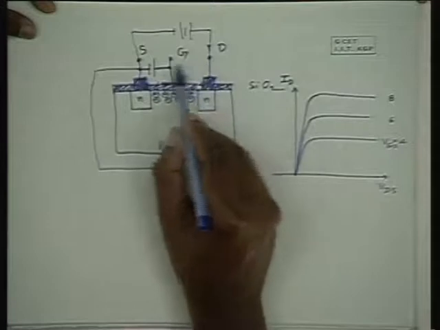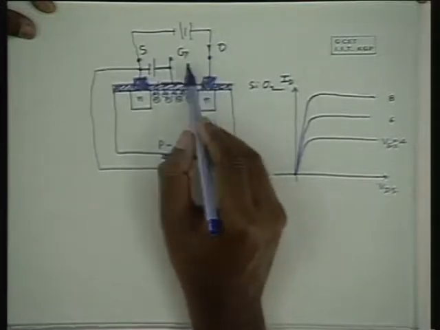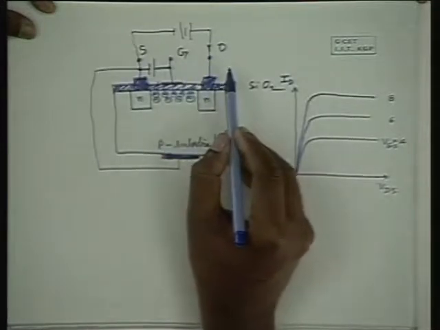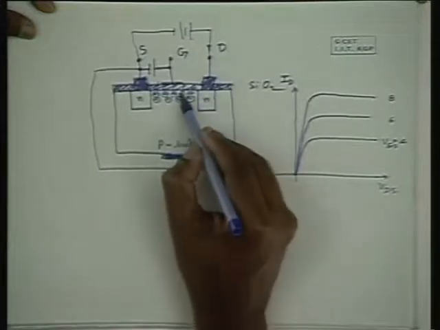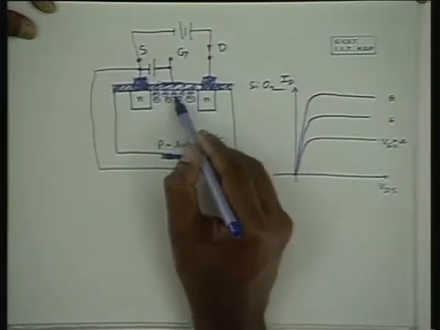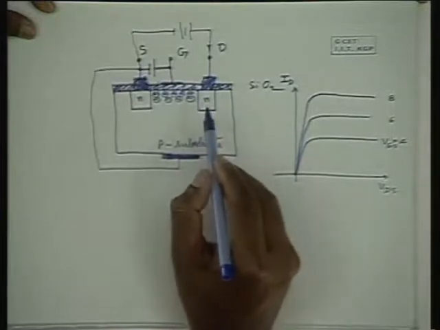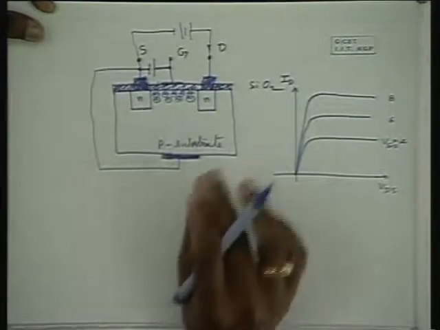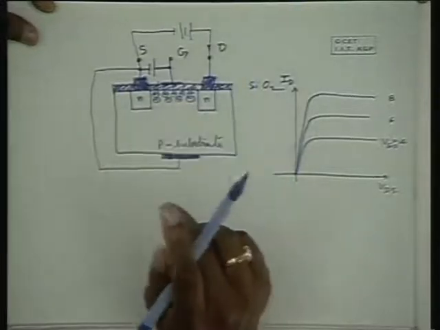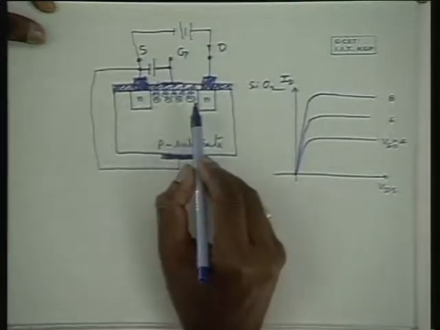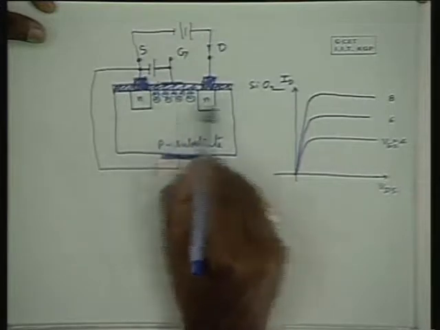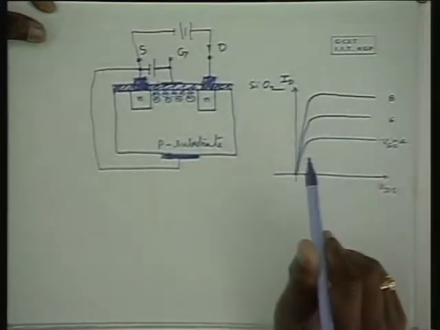So the gate becomes negatively biased compared to the drain, and as a result on this side the electrons are repelled from the gate region, and the channel dimensions decrease, or the charge carrier concentration decreases. As a result, the current attains a constant value.